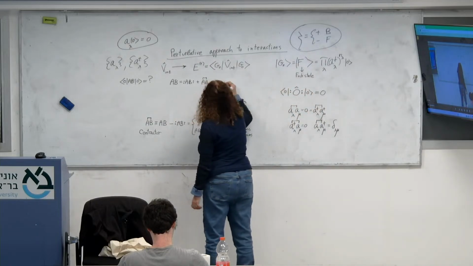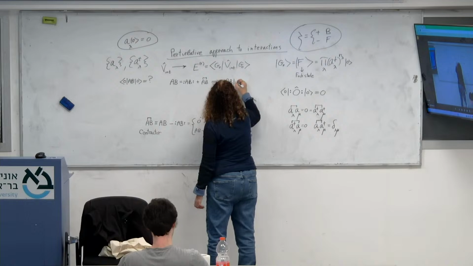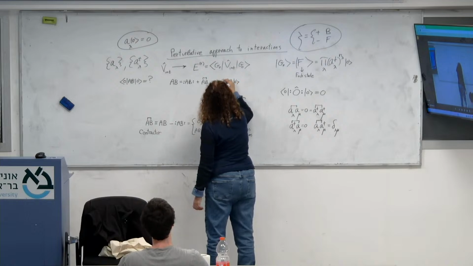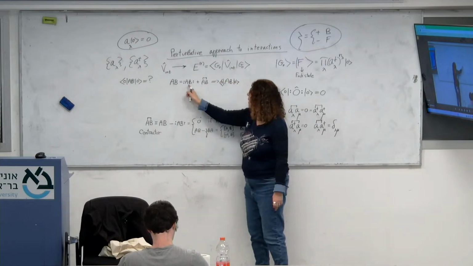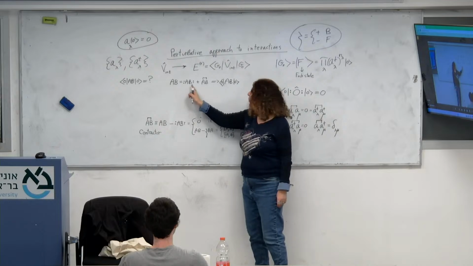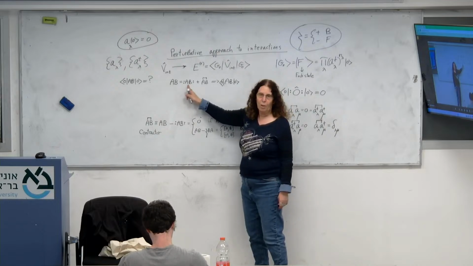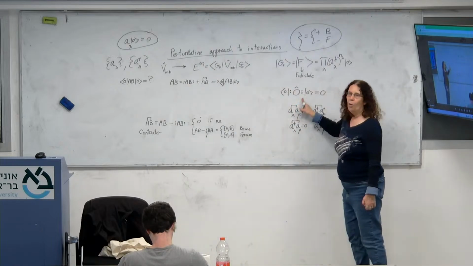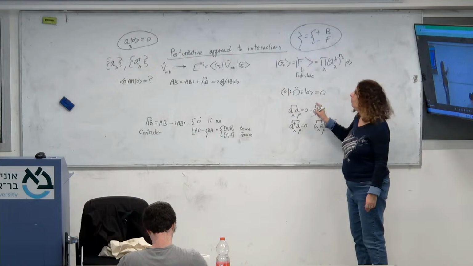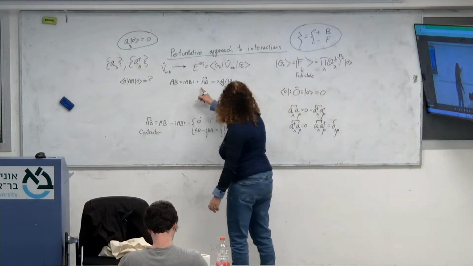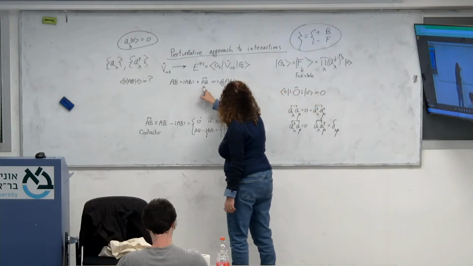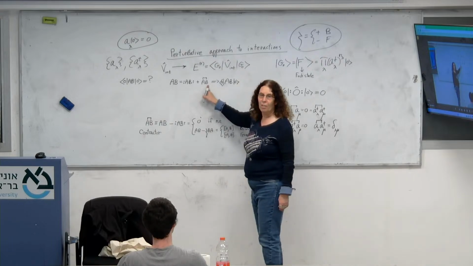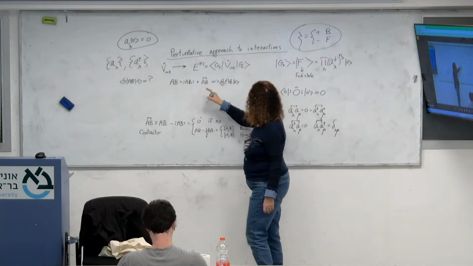Therefore, its vacuum expectation value is the expectation value of the sum of these two terms, but the first term gives you 0, right? The vacuum expectation value of normal order of any operator is 0. Therefore, the only contribution is the contractor.